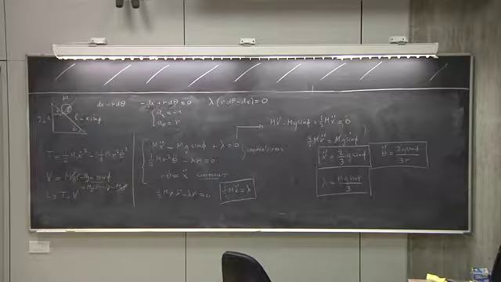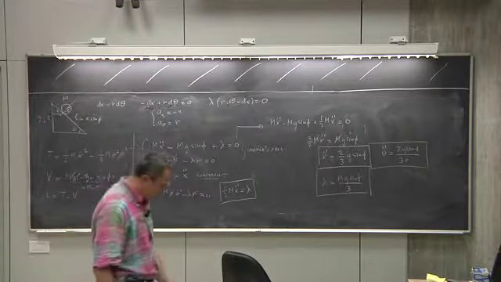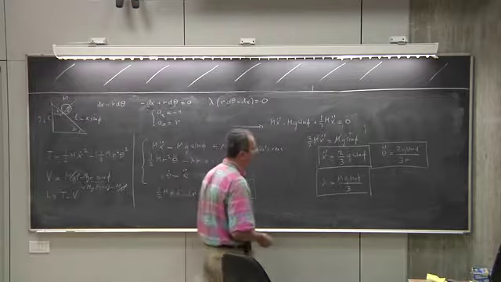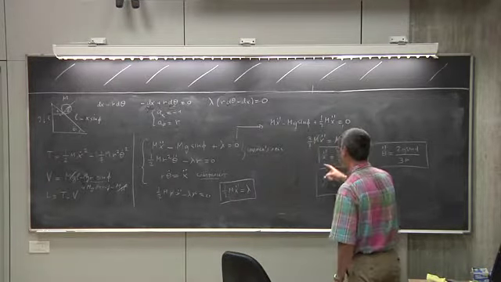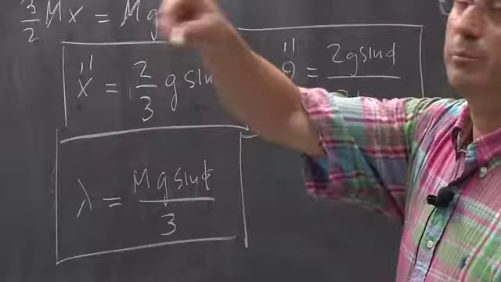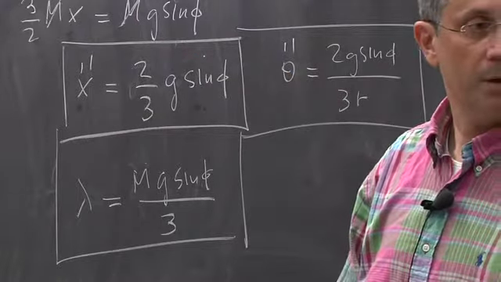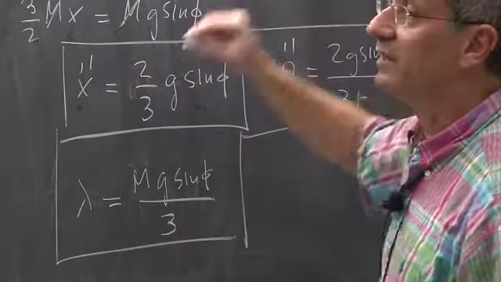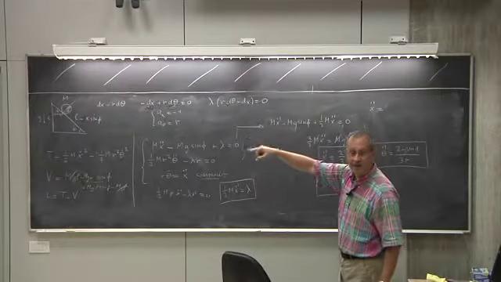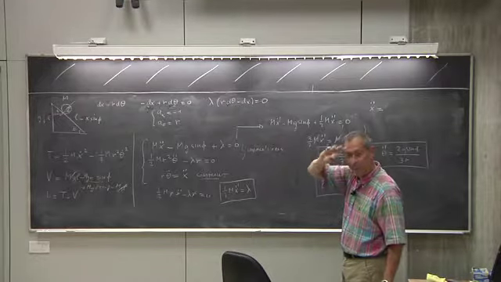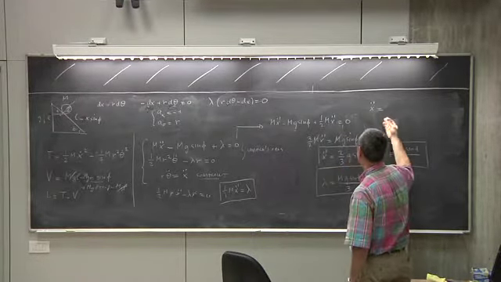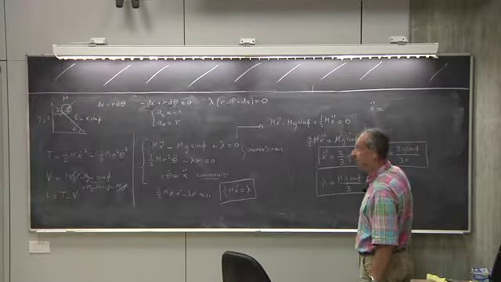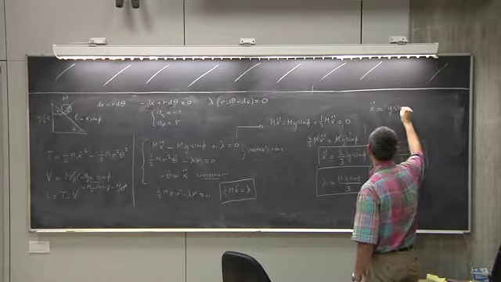And you see it's kind of interesting because here, what would have been the acceleration if it had been a point particle? What would x dot dot have been if instead of having a disk I had a point particle? This you know is just g sine phi, right?